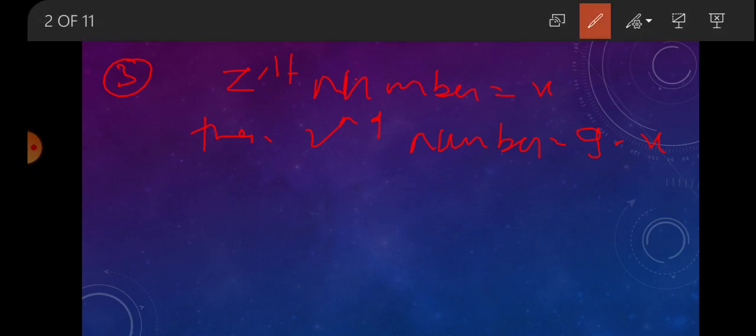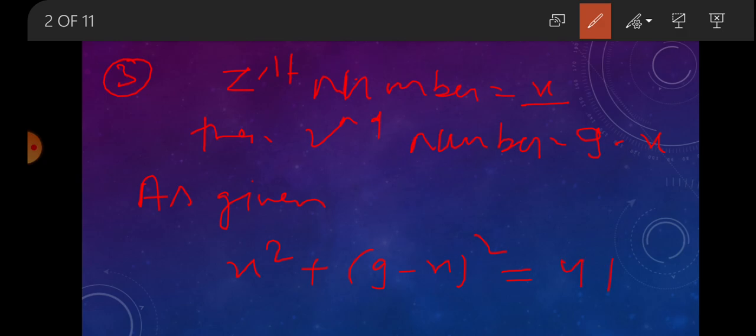Since the first number is x and the sum is given as 9, the second number will be 9 minus x. And the sum of their squares, as given, means we have to add their squares: x square plus (9 minus x) to the power 2 is equal to 41.